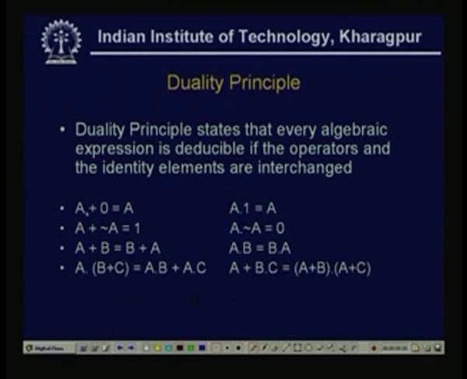This plus is the OR operator and dot is the AND operator. So, these two operations I can simply say are a 2 input OR gate and a 2 input AND gate, and this 0 and 1.